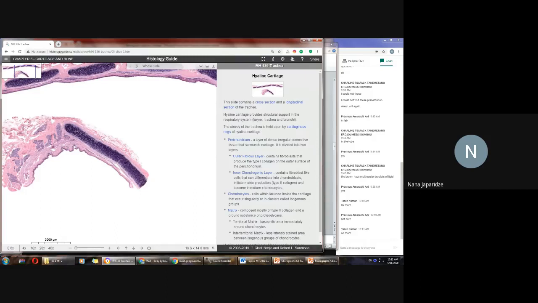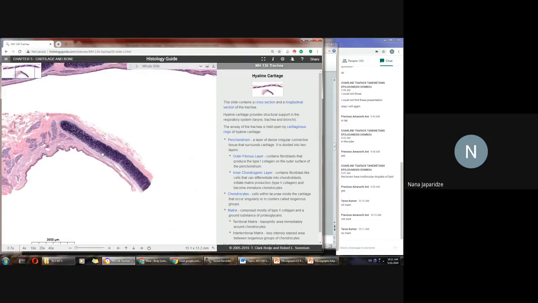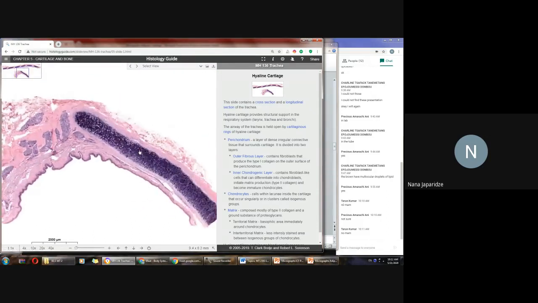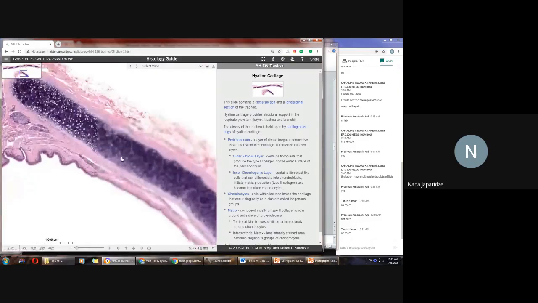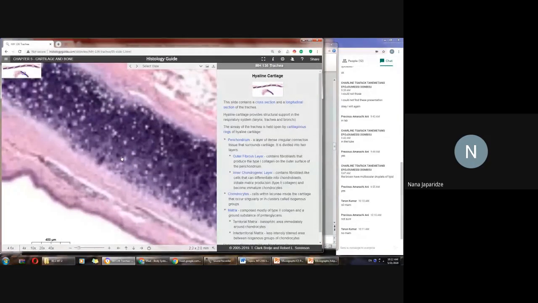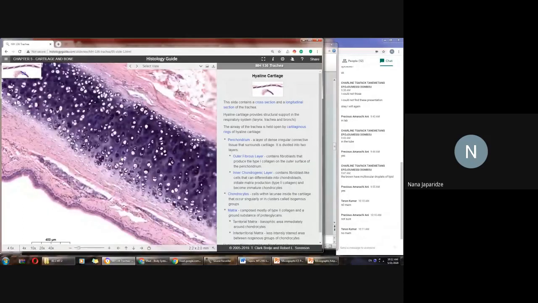This is trachea, part of trachea, and you see that this cartilage is surrounded with different types of tissues. If we magnify this image more and more, look what you see here. You see cartilage.